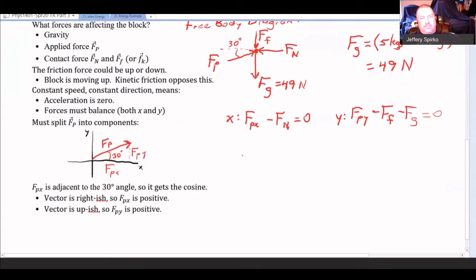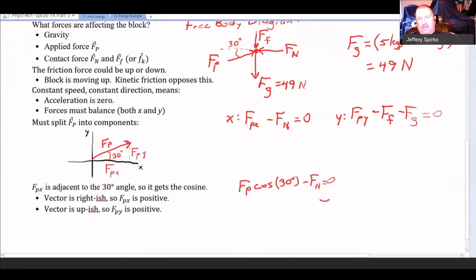So now these equations turn into: FP cosine 30 degrees minus FN equals 0.